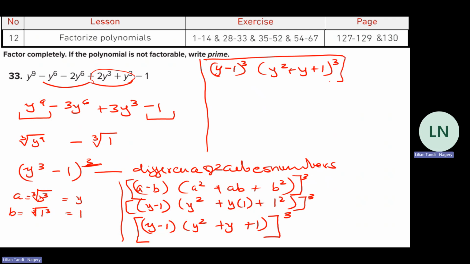And this is your answer. Remember, the difference of cubes is this inside here, this part only. These 3, you still have to remember to use it at the end, okay? Don't forget about that.